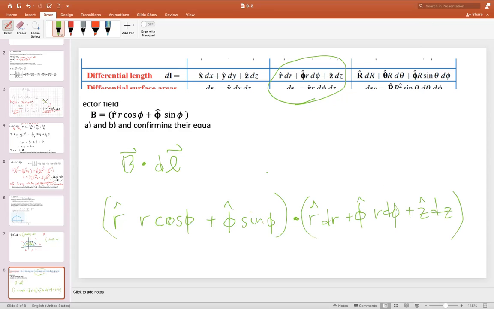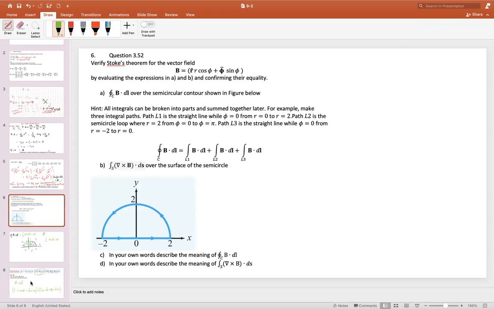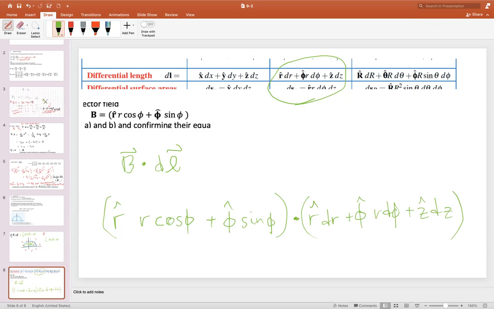Then you're going to get three different integrals out of this where different parts are constant. We'll have some R part that is non-zero, some part from phi that's non-zero, but the Z part isn't going to contribute anything.